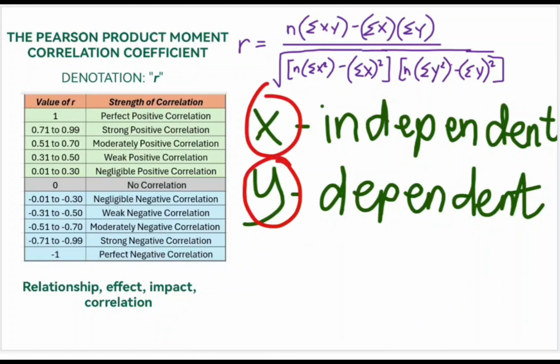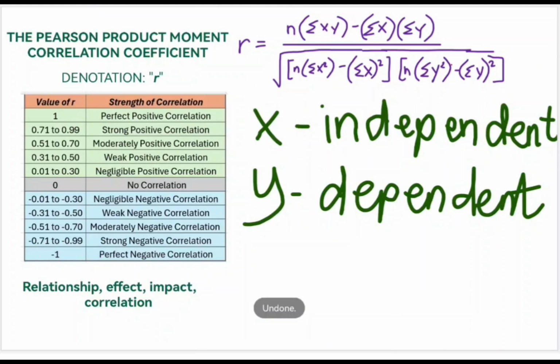Always remember that the data of X is for our independent variable. The independent variable is the variable that can affect the dependent result.